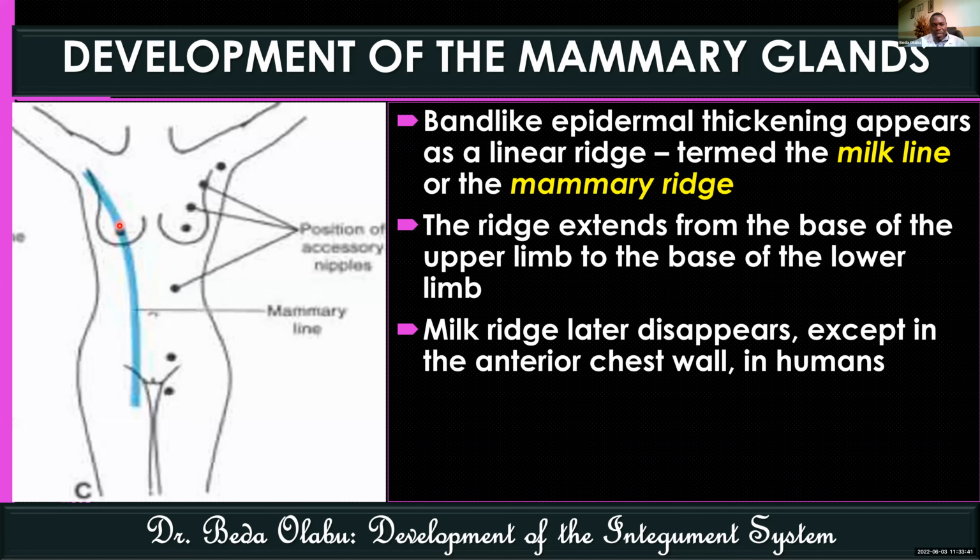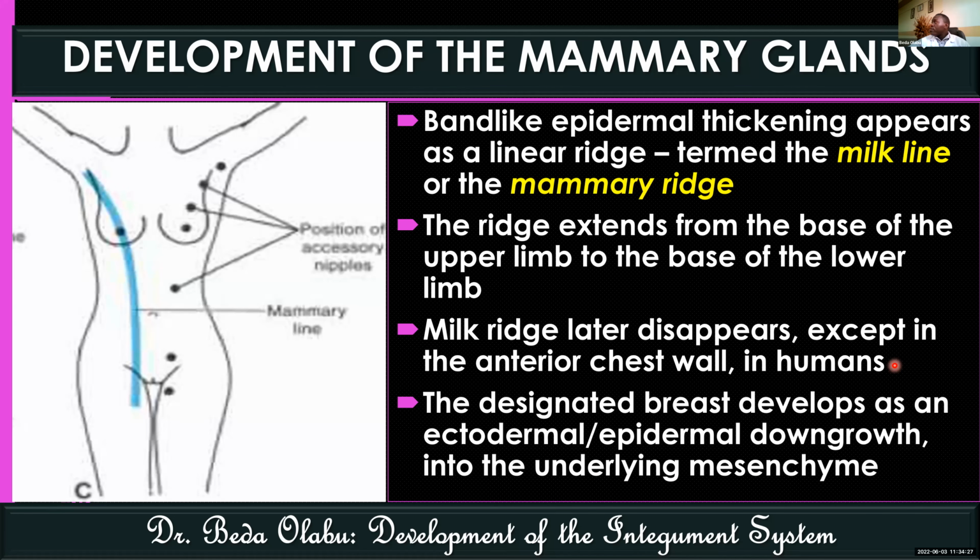In a particular small region, which will form the breast eventually. All right. So understand that humans have only one pair of breasts, and so we don't need the whole of the milk line.